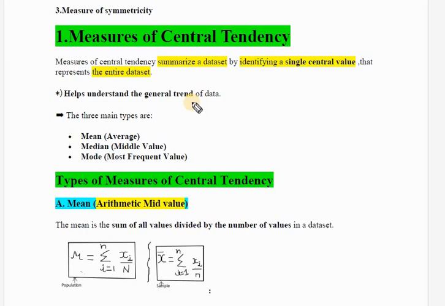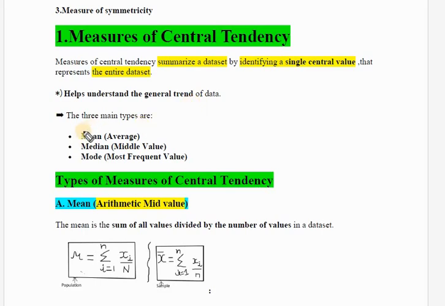And also seasonal trend, for example, ice cream in summer is sold at a very high rate. So to understand these general trends of data, we are going to use measures of central tendency.